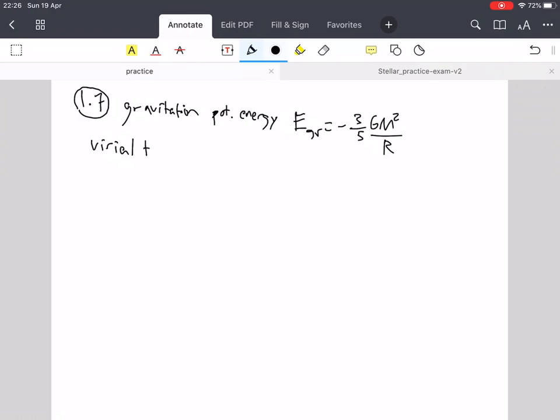So again, if you just write out the virial theorem, it gives me a better idea that you know what you're doing. And that is that the thermal energy is equal to minus 1/2 the gravitational energy. And what is that thermal energy? Well, we also have a relation for that.